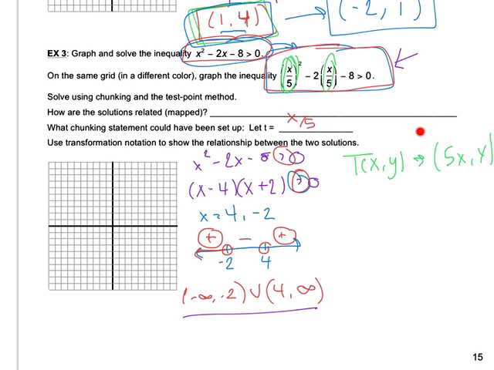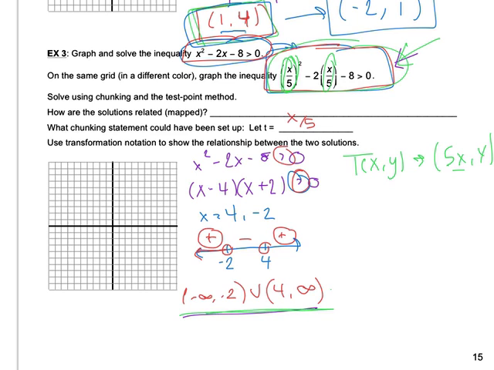So this is the actual rule, times 5. That means if I want to know my solutions to this, because I already know the solutions to that chunked version of it, if I just solve the parent function, all I need to do then is multiply all my x values by 5.